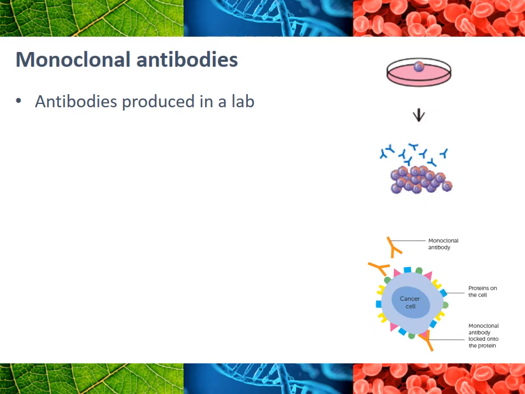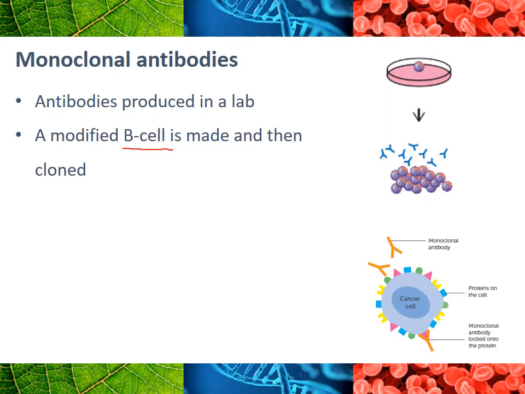Okay, monoclonal antibodies. Sounds like quite a big name, but when we go through this, it should make sense. These are antibodies that are produced in a lab, so they're an artificial thing. The way they are produced, which we'll look at a bit more in a minute, is that a B cell is modified, and then it is cloned.